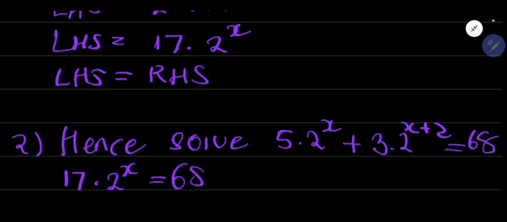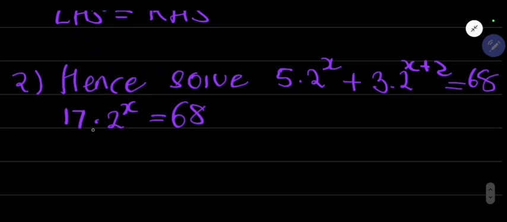Then it's equal to 68. Why are we using that? Because of this word hence. Normally, for hence questions, you will need to use the previous information or whatever you got when you solved the question before the one you are solving.